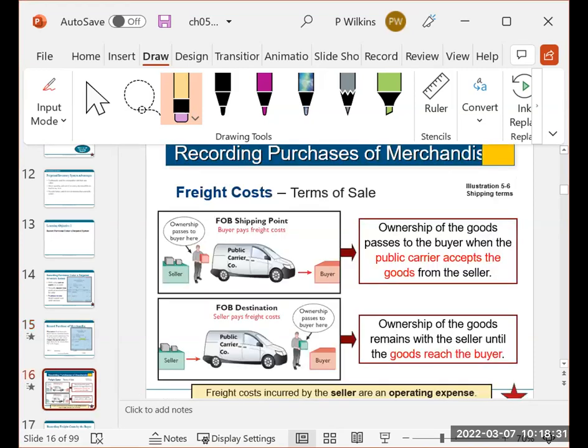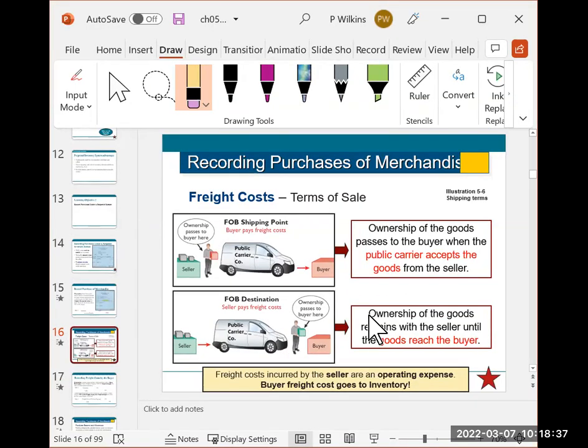Now, this information here is just for your information. We're not going to be doing any problems with this, but what this has to do with is when you're doing inventory costing, it has to do with who owns the inventory. It depends on if the inventory is FOB shipping point or FOB destination. It also has to do with who pays for the freight.